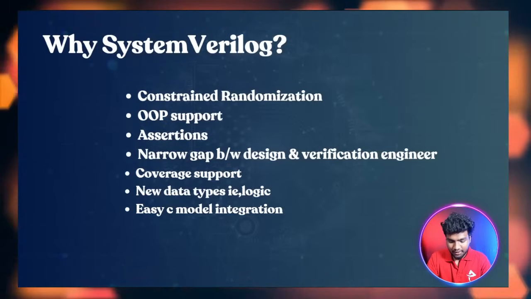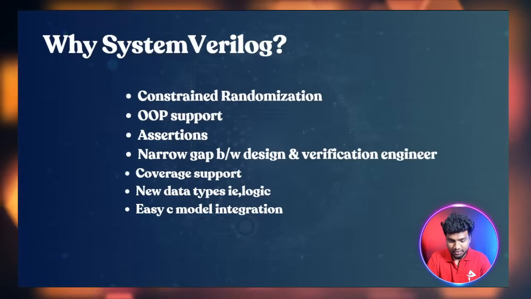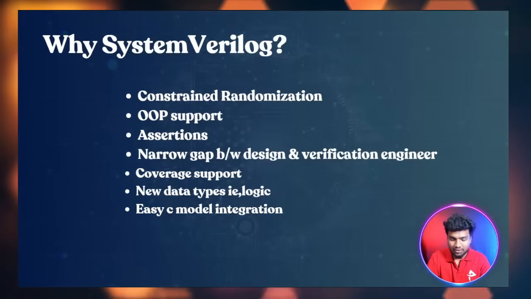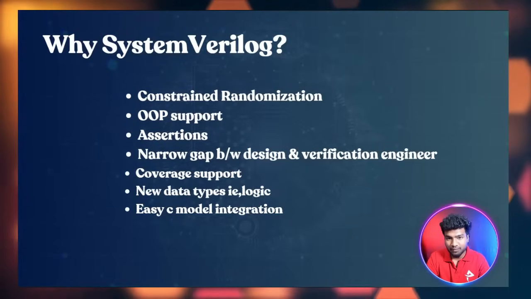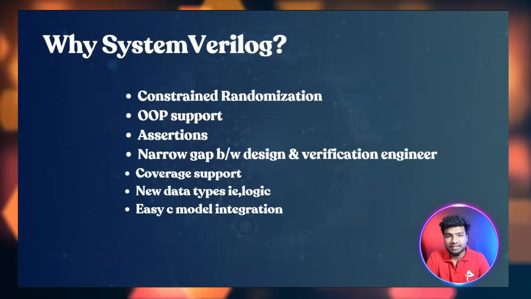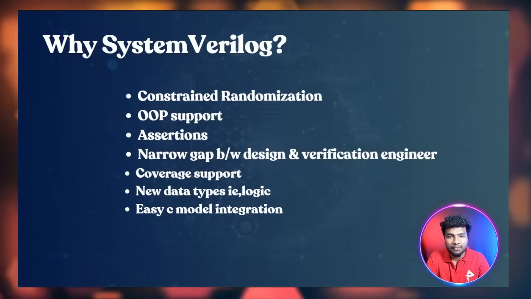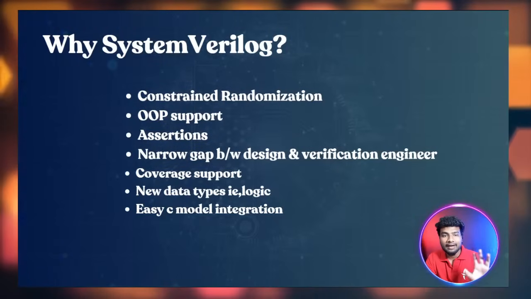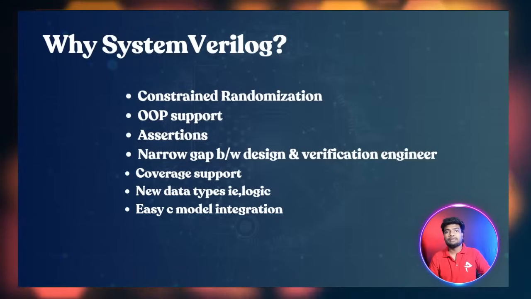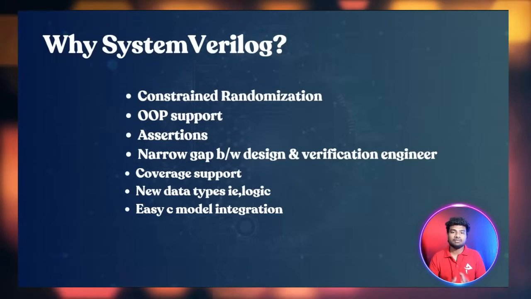So in Verilog there is random and urandom. What is the difference? In Verilog we also have random and urandom, but in SystemVerilog we have the randomize function, post_randomize, pre_randomize, and we can randomize the whole class. For example, assume you have n number of signals, say 500 signals.